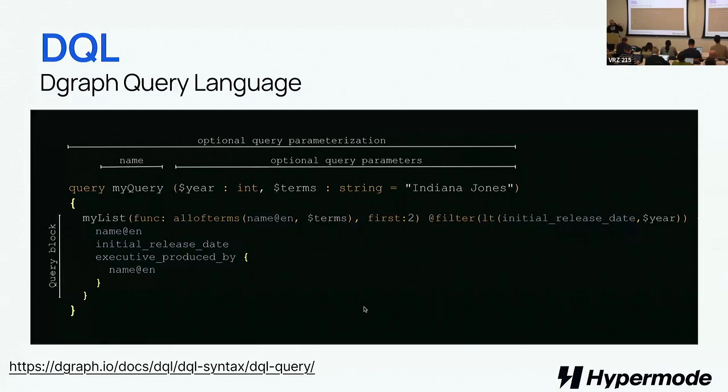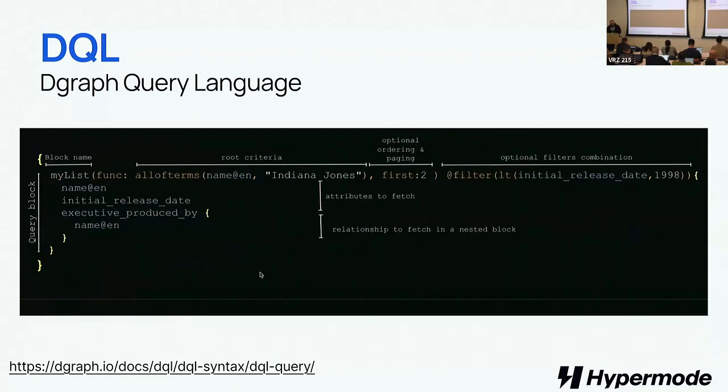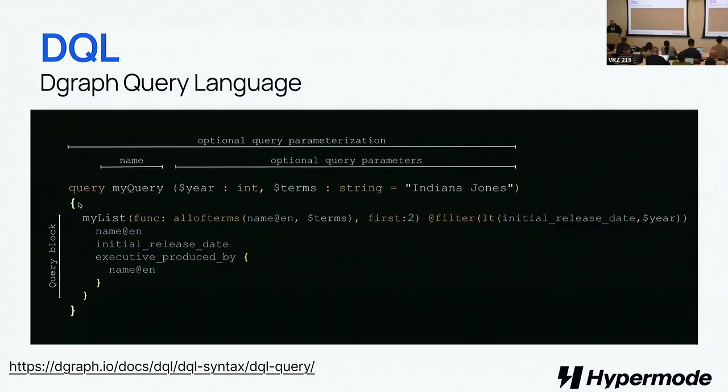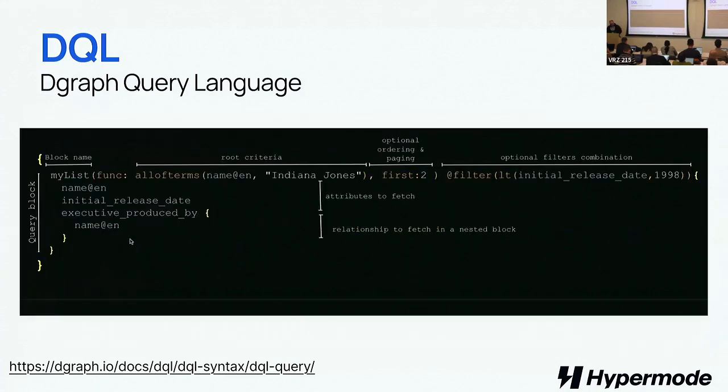We start with kind of a root filter here, which we'll get into in the next slide. So here we're talking about optional query parameters at the top here. And then in the query, we have the query block. And in the query block, we have this kind of nested structure. So we start off with this root criteria.